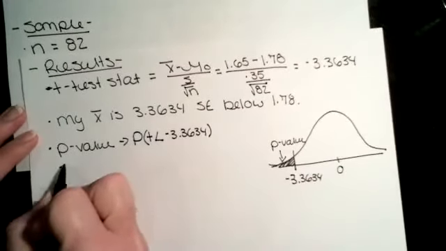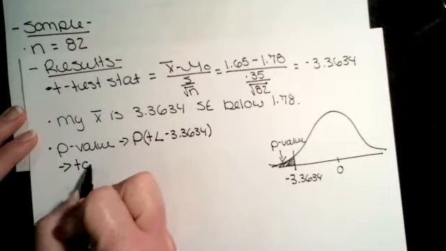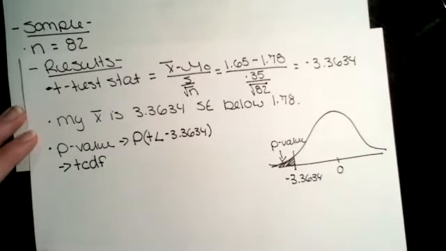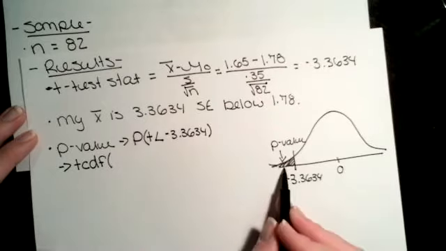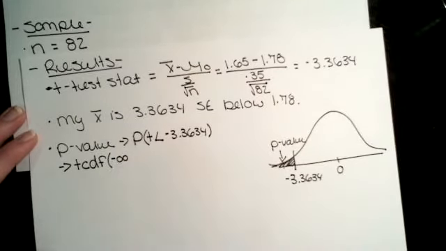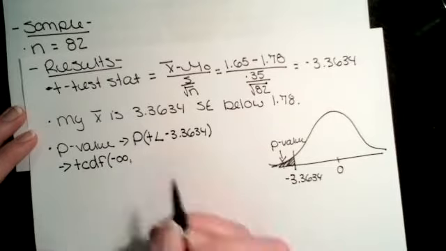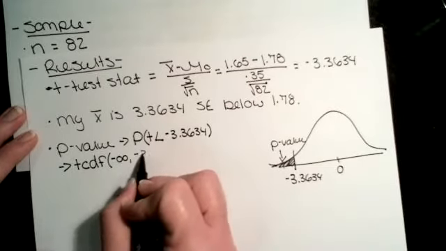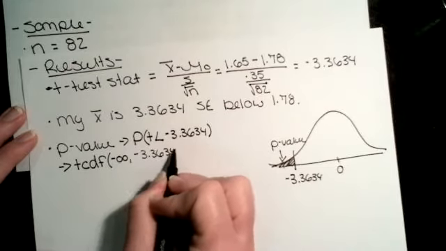So when I do this, I'm looking at my TCDF because I'm on the T curve, right, for numerical. And here I'm going to plug in my lower bound. So I use negative infinity, which we know my calculator is negative 10,000, up to my test statistic, which is negative 3.3634.